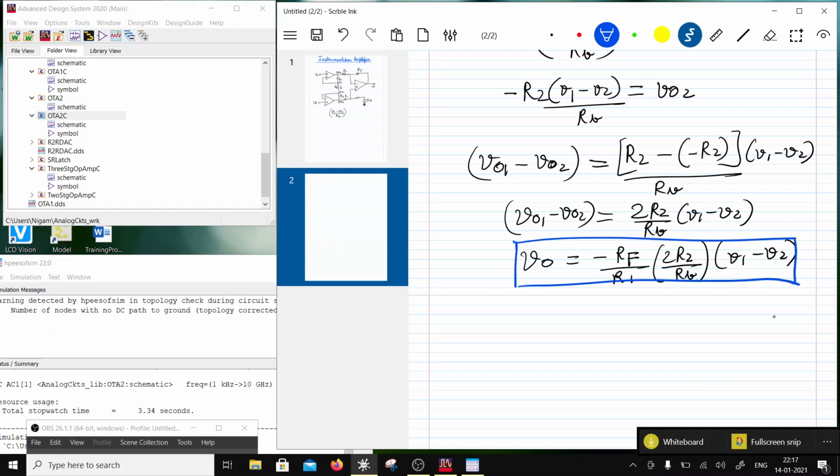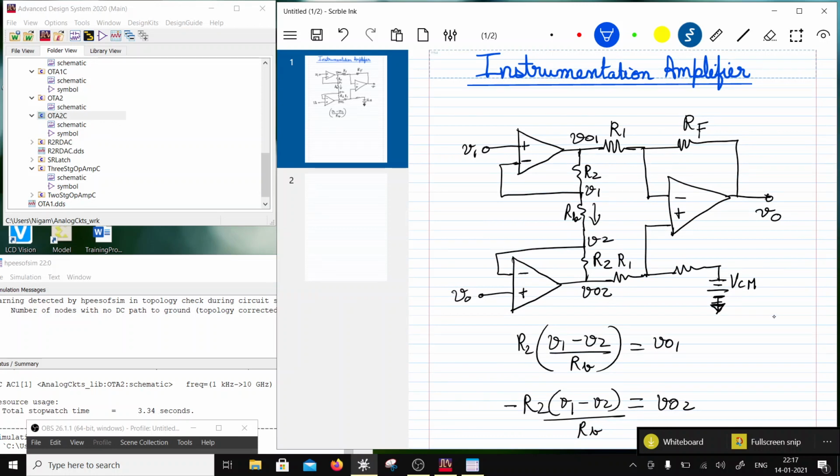So this is what we are going to create here, an instrumentation amplifier, and this is a differential amplifier which is used in a number of applications, like bridges, and there are lots of measurements based on bridges, right? So this instrumentation amplifier can be used for magnifying very small signals.